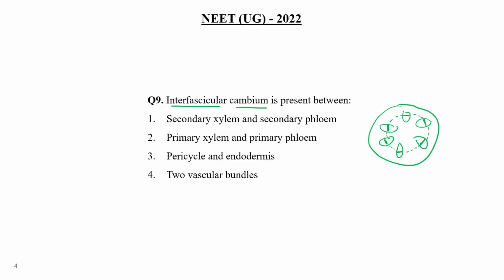Fascicular cambium, right? So this is interfascicular cambium. This type of cambium is present between two vascular bundles. So the right answer would be choice number 4.